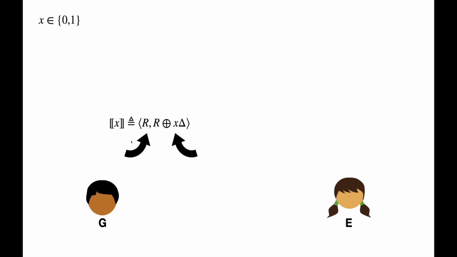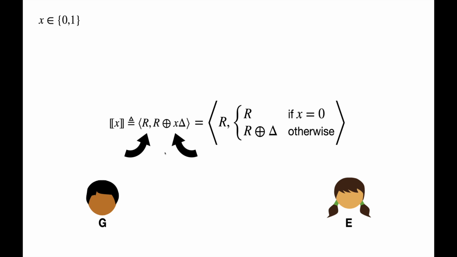These values have the following form. G's share of the tuple is a security parameter length string r. Meanwhile, E's share of the tuple has the form r plus x delta, where x is, recall, the value that we wish to encode, and delta is a random security parameter length string that is global to the computation and is known to G. It might be helpful to notice that E's share of the garbling is either the same as G's, that is, she holds r, or differs from G's by the global value delta.